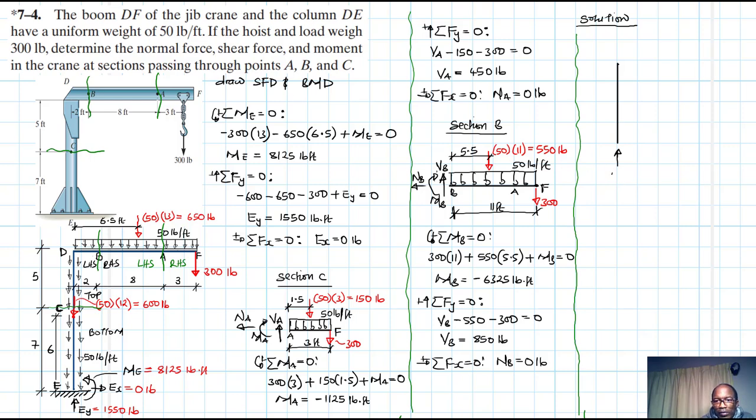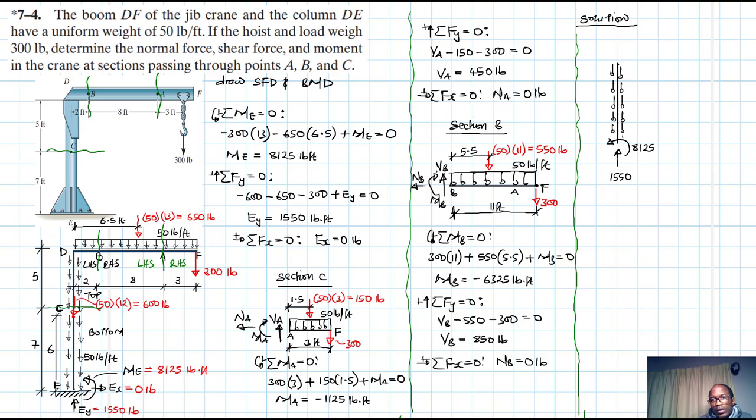Right, so here we have a 1550, and then we have a moment of 8125, and then we have a distributed axial force which is constant.